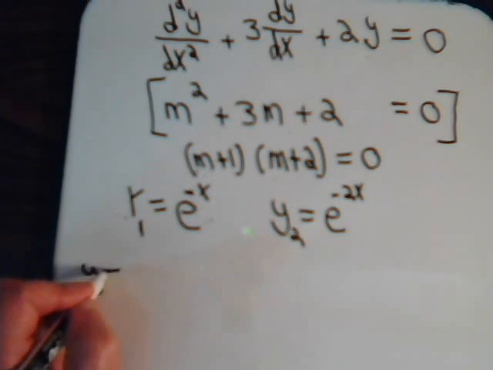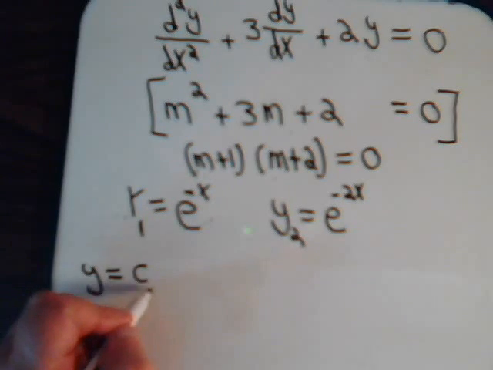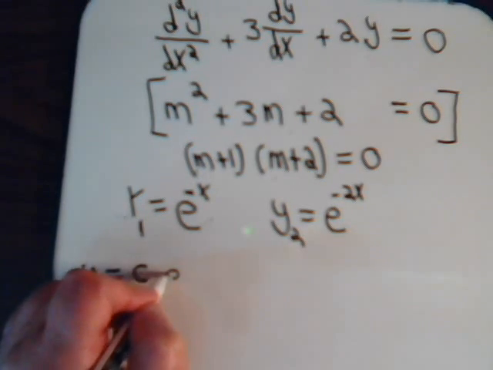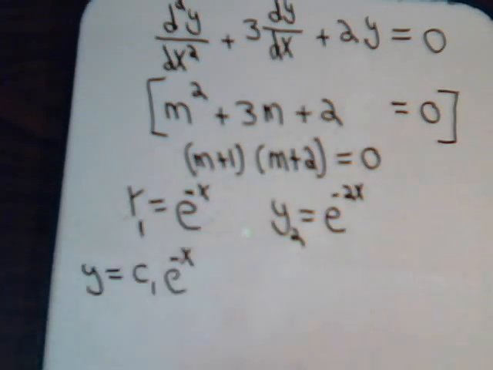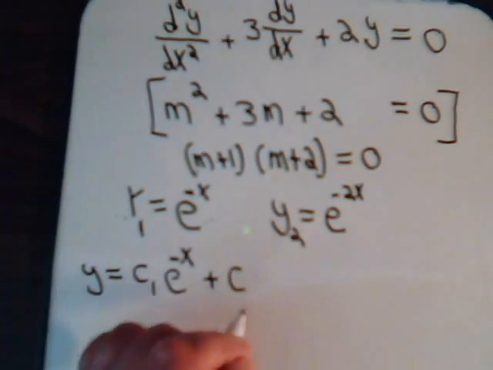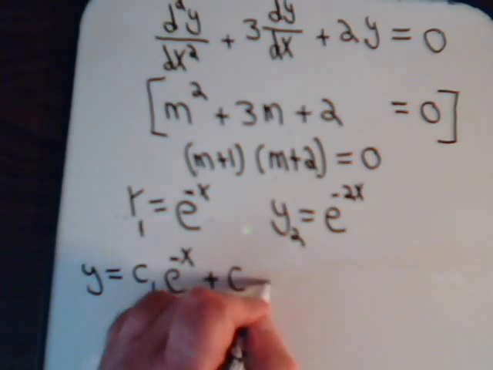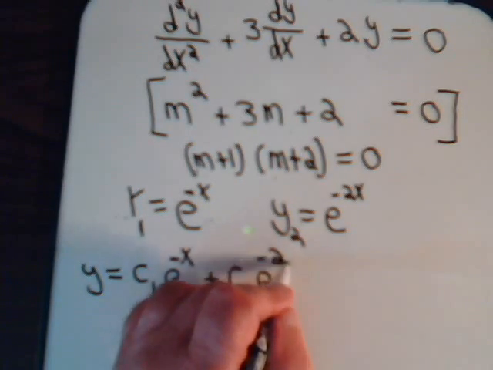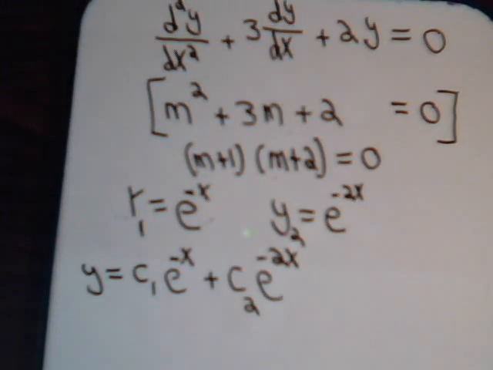So let's say we try this. y equals some constant, say C1, e to the minus x, plus a different constant, C2, e to the minus 2x. Will that work? So let's see.